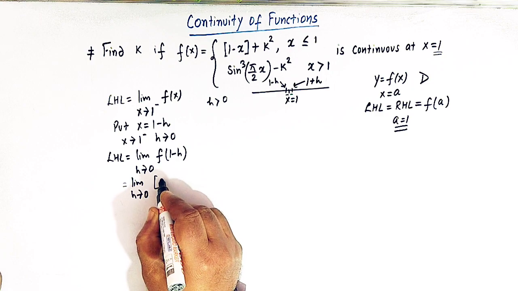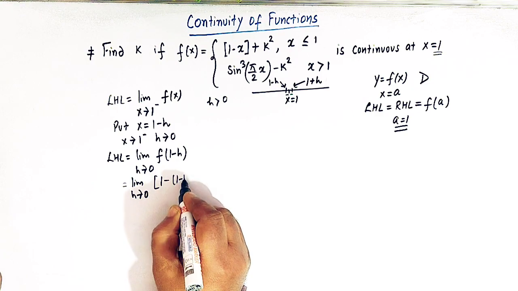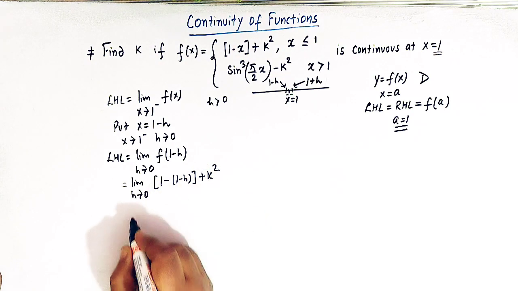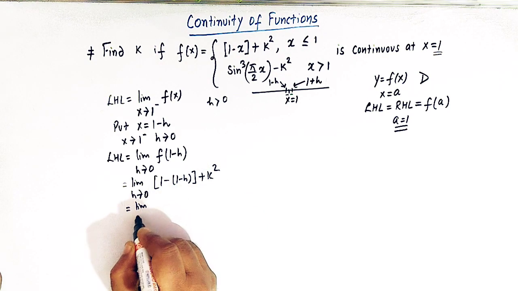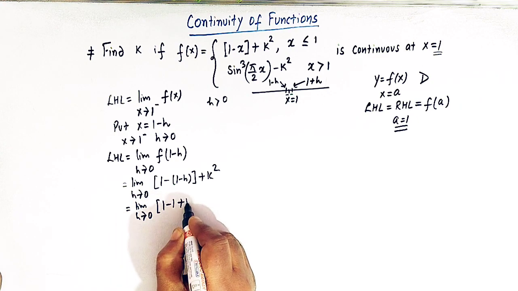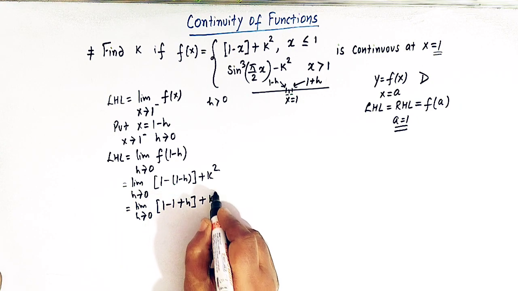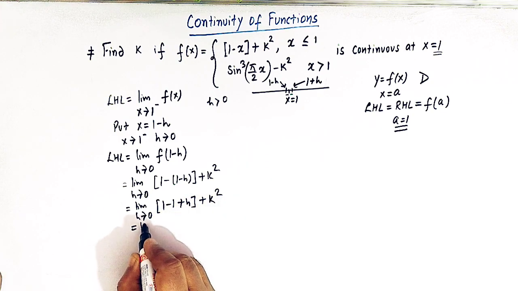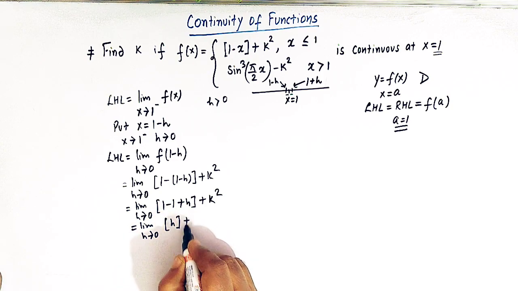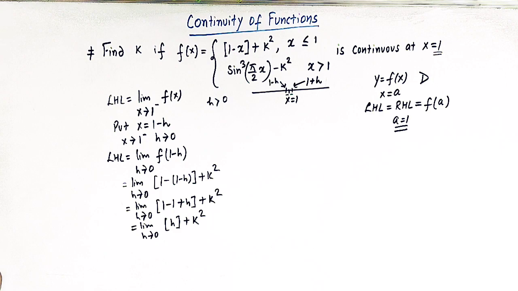We have the greatest integer of 1 minus h, plus k square. Simplifying, we have the greatest integer of 1 minus 1 plus h, plus k square. 1 minus 1 is 0, so we are left with the greatest integer of h plus k square.